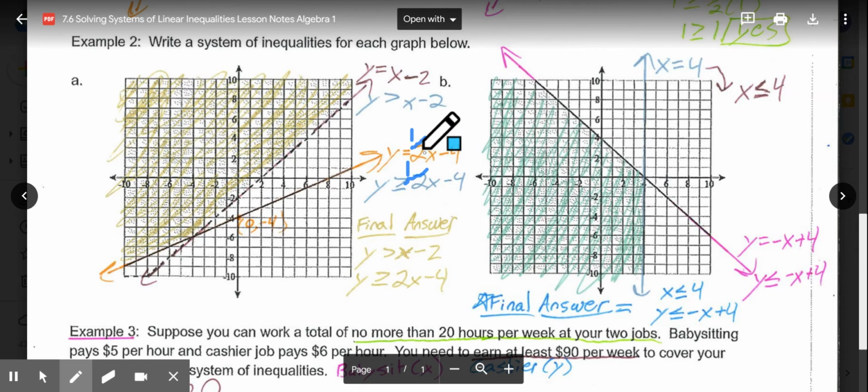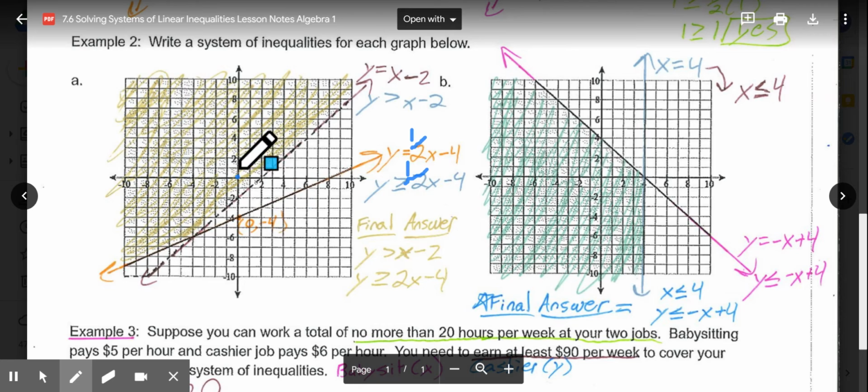Now we need to figure out the shading. It's a solid line, so we know it's an or equal to. If I think about the point 0, 0, which they shaded toward, and put in 0 for both, I'd have a 0 and a -4.